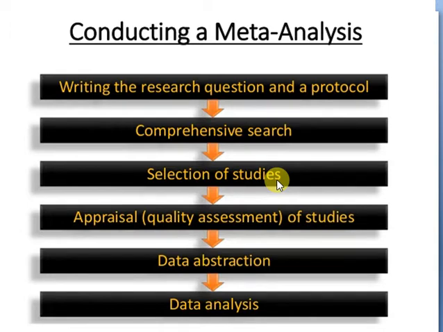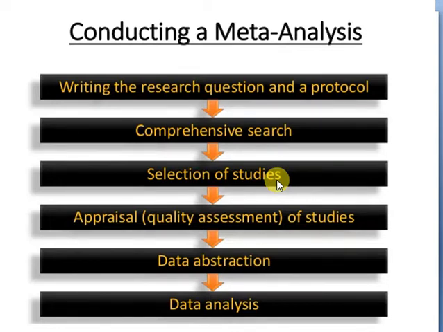After searching, what we're going to do is selection of studies. We have to select appropriate studies that can support our finding, that can support our research question, that can fulfill our topics of interest. After all, there is a quality assessment.